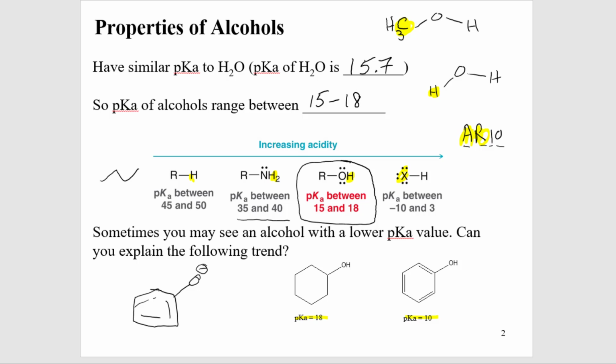However, we have more than just the atom. Here we have an obscene amount of resonance around and around the benzene ring. So it's this resonance which greatly stabilizes the negative charge left behind. Thus, if the conjugate base is super stable, then that means it's more willing to give up the proton. That's why we see a much more acidic proton for phenol.